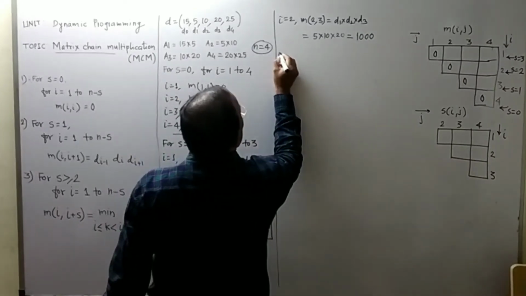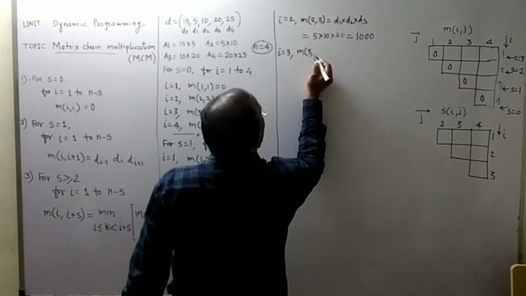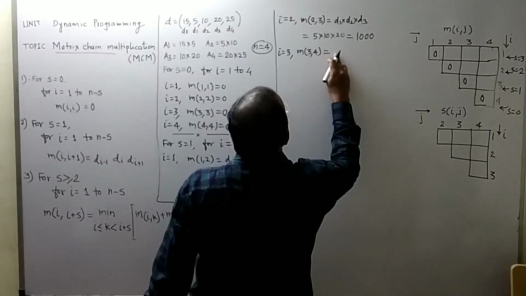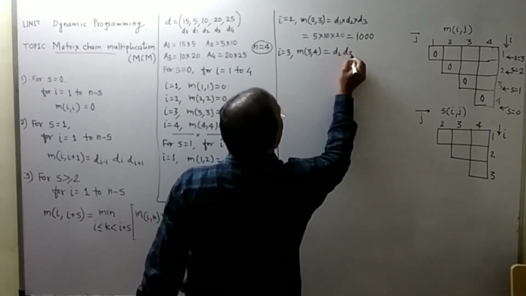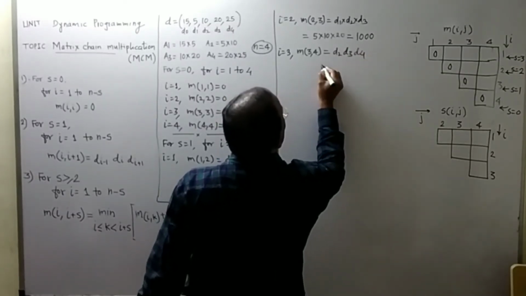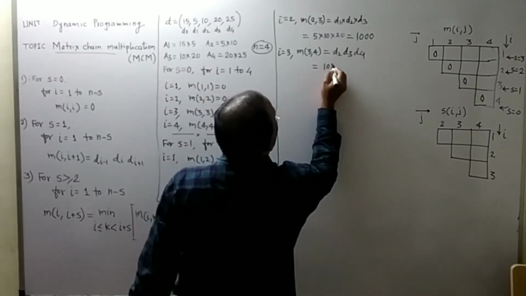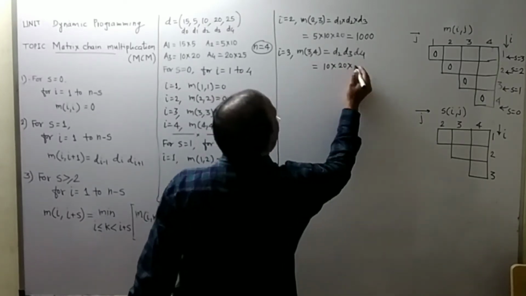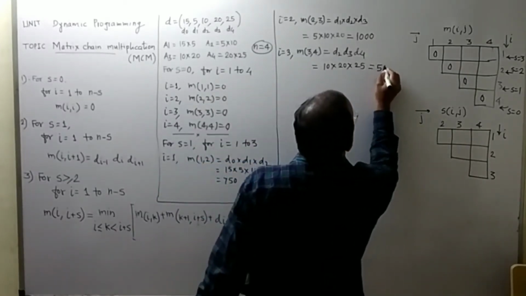Then take the next value, I is equal to 3. M of 3 comma 4 is equal to d2, d3, d4. Put the values: d2 is 10, d3 is 20 and d4 is 25, which is equal to 5000.